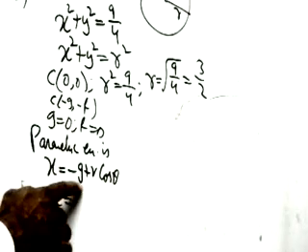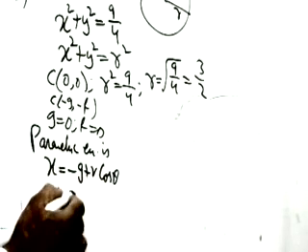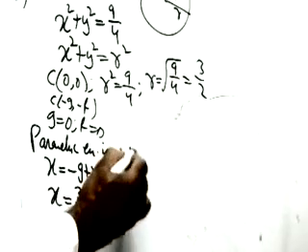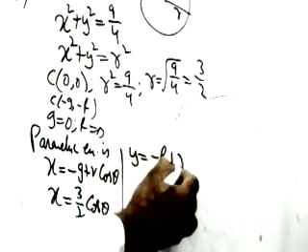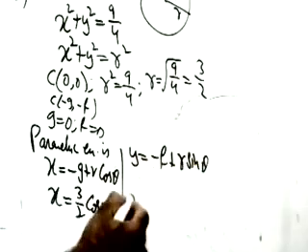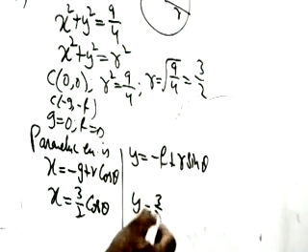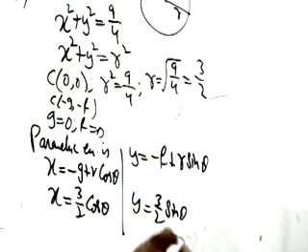So x equals minus 0, no need to write 0 here, plus r is 3 by 2 cos theta. In the same way y equals minus f plus r sin theta. So y equals minus 0, no need to write 0, r is 3 by 2 into sin theta. So these are the questions. This is the parametric equation.